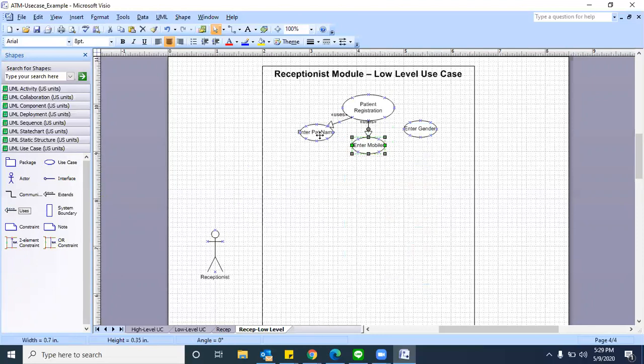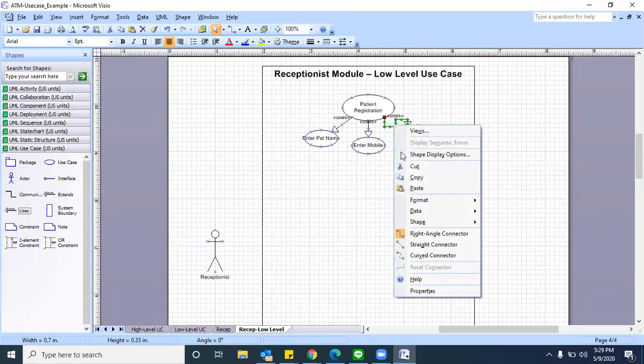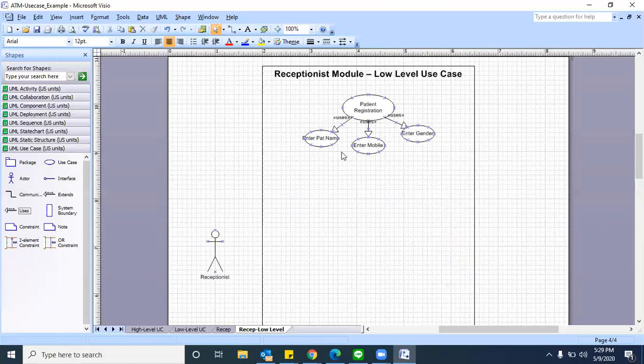The indication should be from the essential use case to the supporting use case. If it is extends, it goes from the supporting use case to the essential use case. Is that clear so far? Yes, sir. Now, this is patient registration.